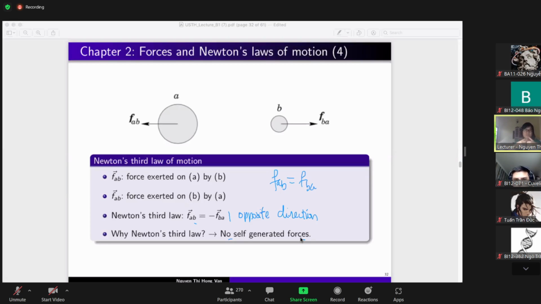Okay, the force inside the system is the internal force, to be distinguished from the external force. So the third law of Newton is simple. Understand like this?